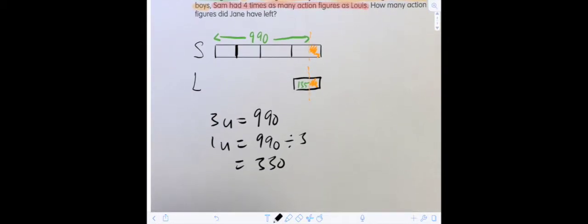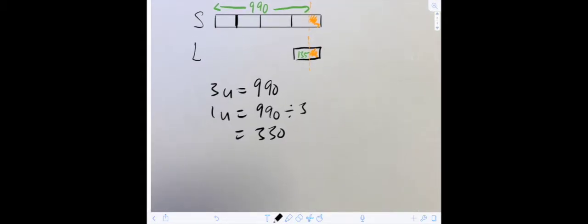And now we can look at Louis. 1 unit is 285. We can find what is one of the orange color portions over there. So one of the orange color portions will be 285 minus 135, which I think is 150.